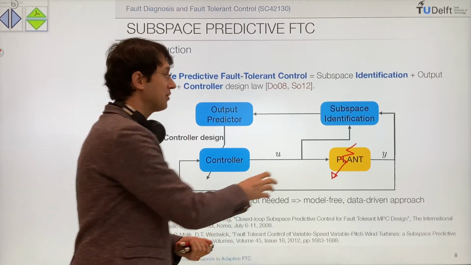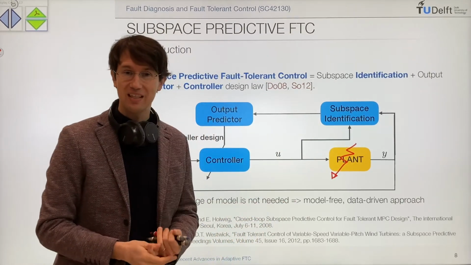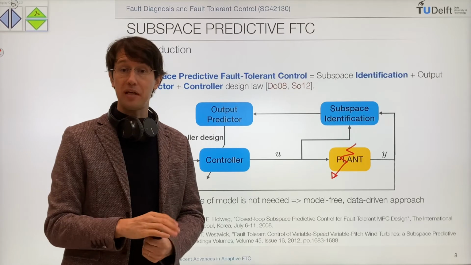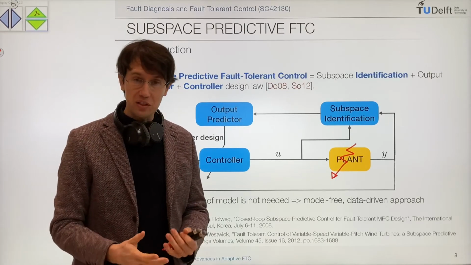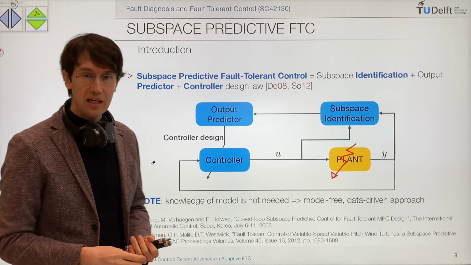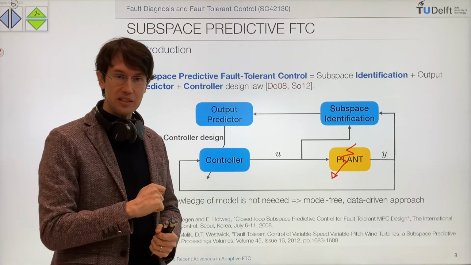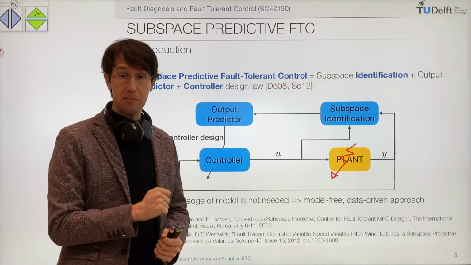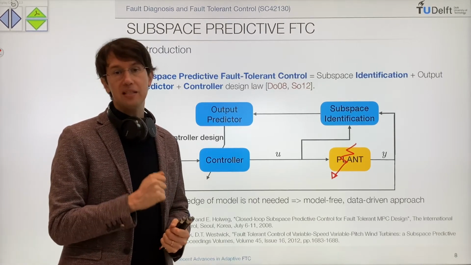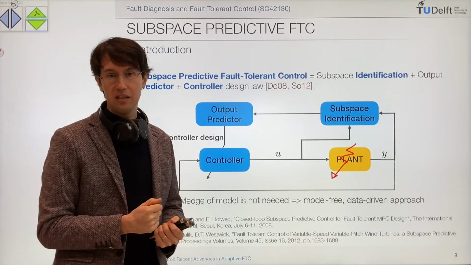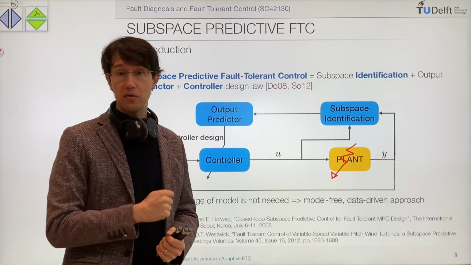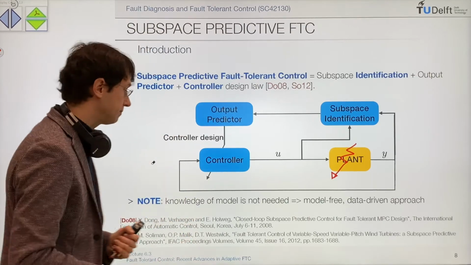So this is going to work for faults that are not so big as to completely destroy information. This is quite an intuitive point, and later we will see how this translates mathematically. But anyway, this is the limitation of adaptive approaches, as we also pointed out in previous lectures.